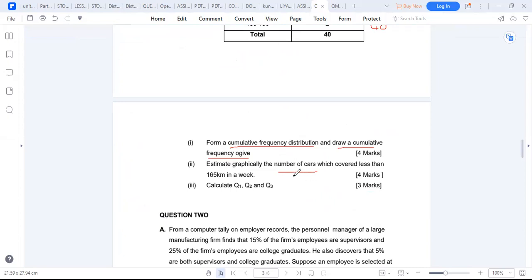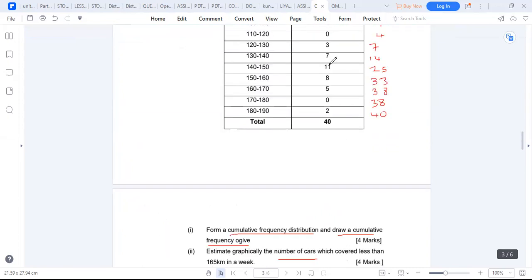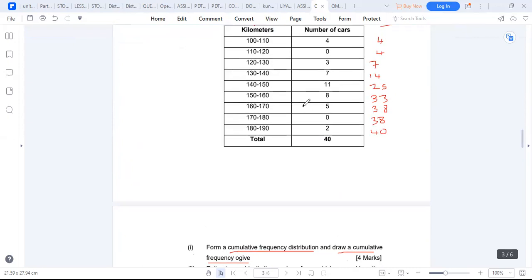So others will find different answers, but within a certain range. If you're going to use this one here, 165 is somewhere in between here. So we're looking at these figures there. We can add 4 plus 0 plus... so approximately it's 38. Right? The answer should not be exactly the same.